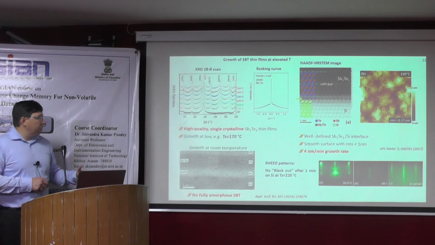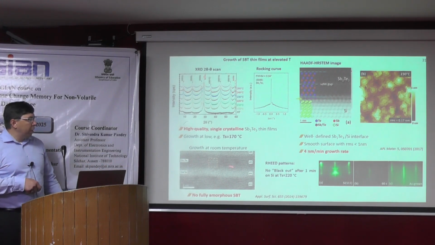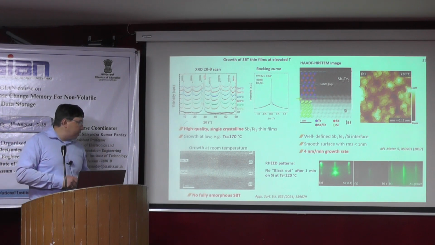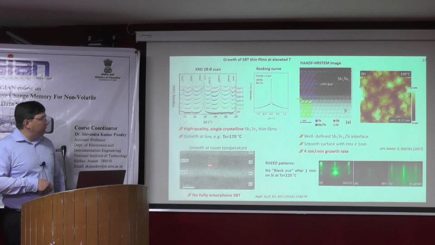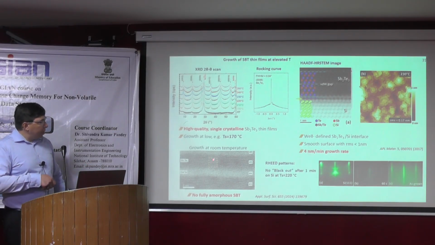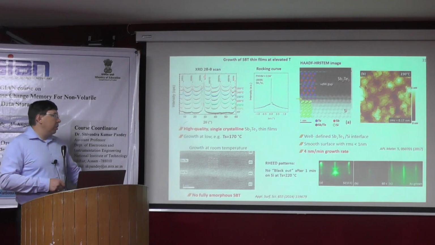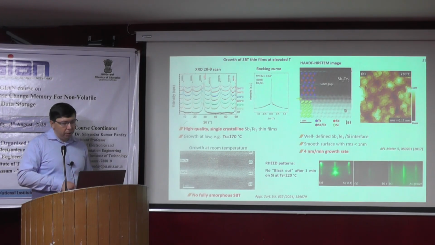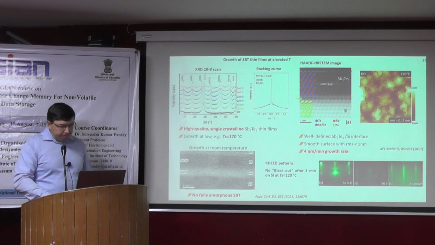If you produce antimony telluride at room temperature, it doesn't matter on which substrate, germanium telluride or silicon or glass, we always form polycrystalline thin films consisting of crystalline domains and amorphous domains. So these antimony telluride thin films crystallize even at very low temperature.